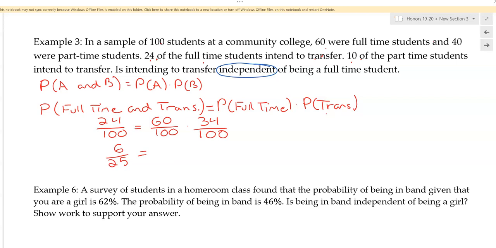And then 60 out of 100 times 34 out of 100 is 51 out of 250. Okay, so these are not equal. So no, they are dependent.